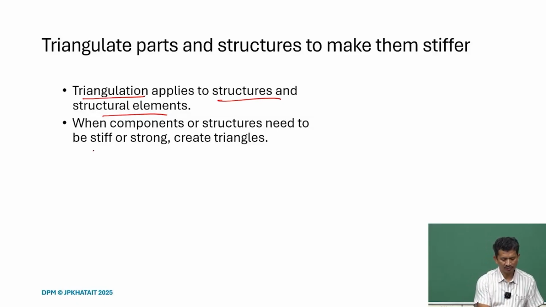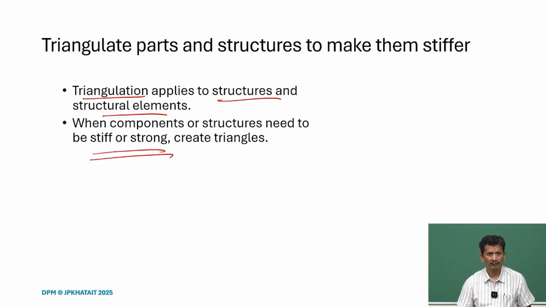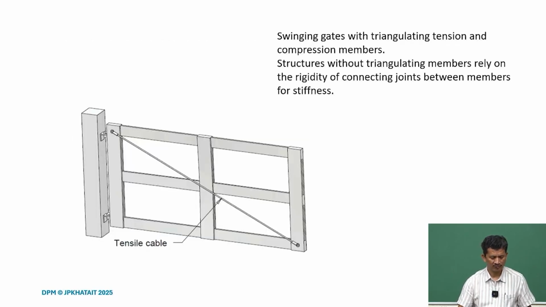This is particularly important when you need high rigidity, high stiffness, and want it to be strong. A very good example is, for instance, these swinging gates made of wood, the wooden planks.